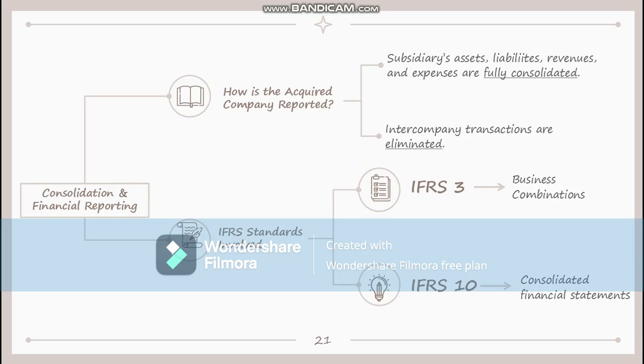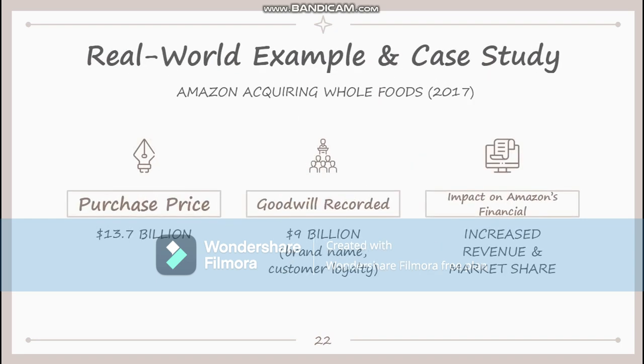Now let us give a real world example: Amazon acquiring Whole Foods in 2017. The buying price of Whole Foods was 13.7 billion. The fair value of net assets was $4.6 billion.